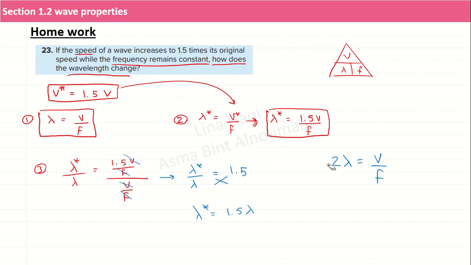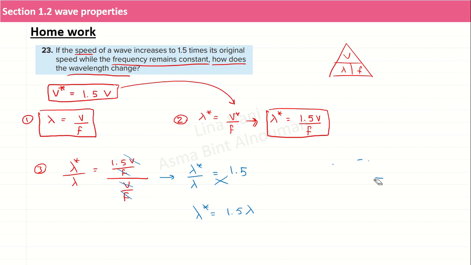If we triple the speed, the wavelength triples, because the relationship between the speed and the wavelength is a direct linear relationship. That means if one is multiplied by a factor, the other will be multiplied by the same factor. So this question says that the speed is multiplied by a factor of 1.5, hence the wavelength will be multiplied by the same factor as long as f is kept constant.